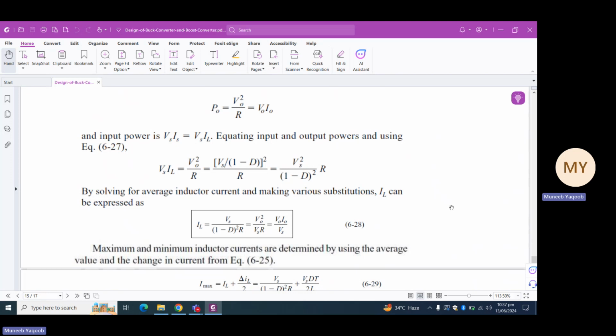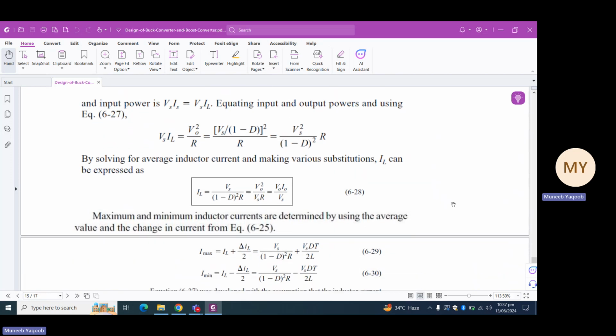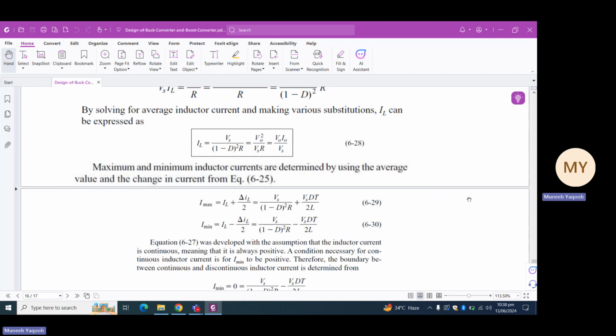Now to form the expression of I maximum, we will follow the same pattern that we followed in the buck converter. That is, I maximum is basically IL plus delta IL upon 2. Here delta IL upon 2 is Vs dT upon 2L, and IL equals Vs upon (1 minus d) whole square multiplied by R. Using this expression, we established the I maximum and I minimum equations.